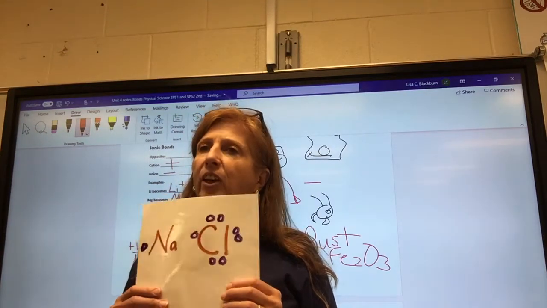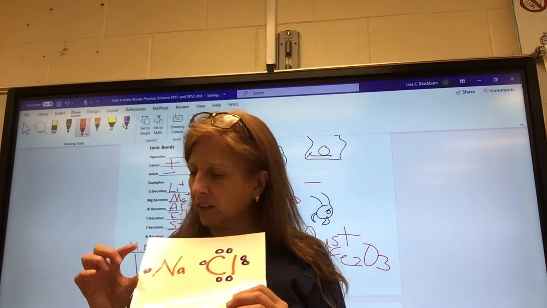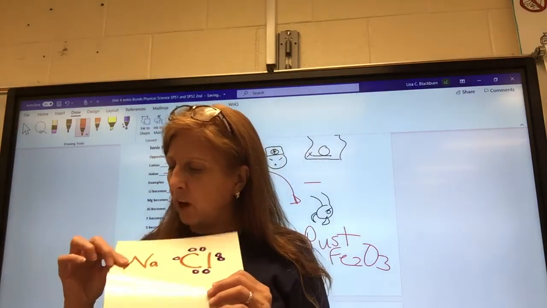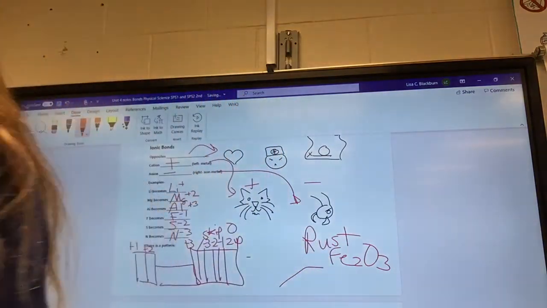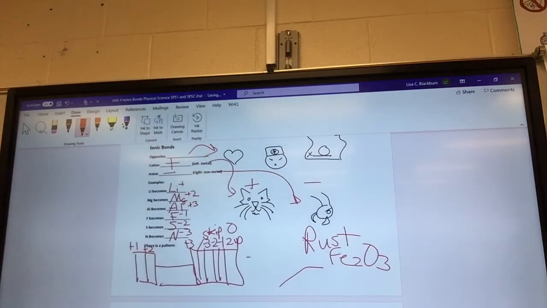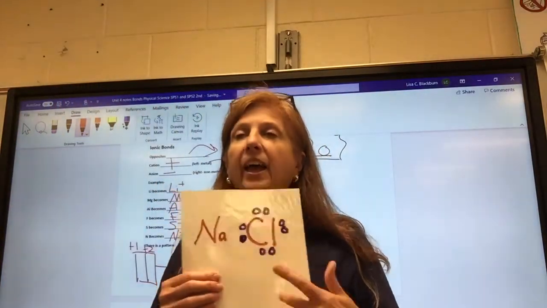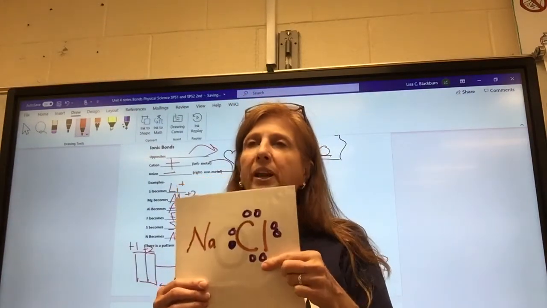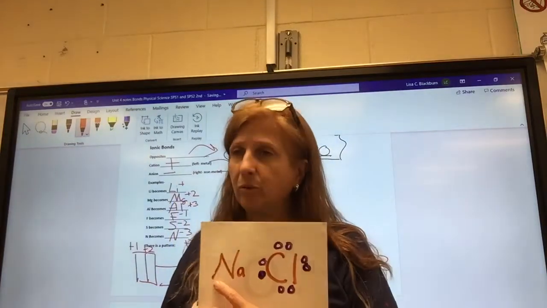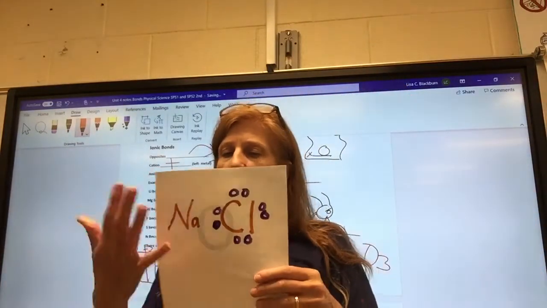Do you see how they could work out a deal? This one would go away and put it over here. Now, chlorine has 8 and sodium has none, and it's happier that way. It'd rather have none than 8. In that level. Now this one has 8, it's all happy, and this one actually has 8 on its lower down level. So they're both happy.